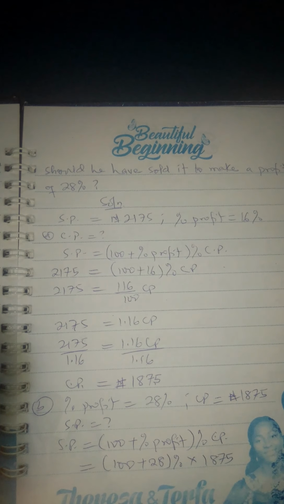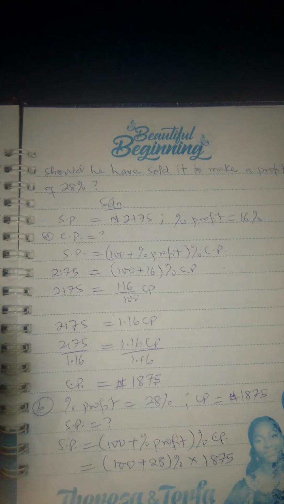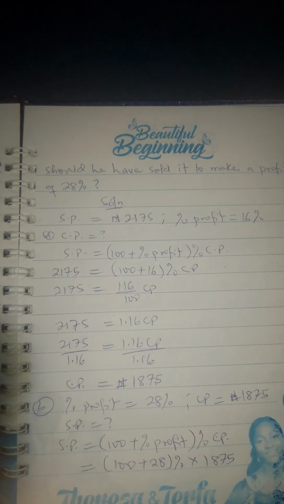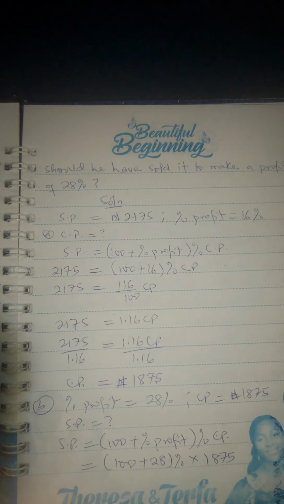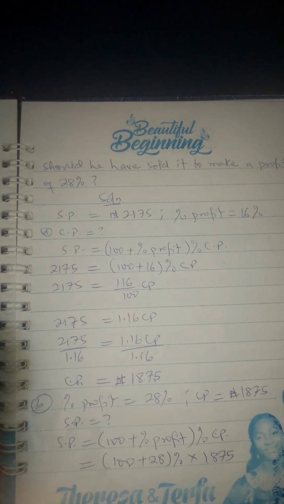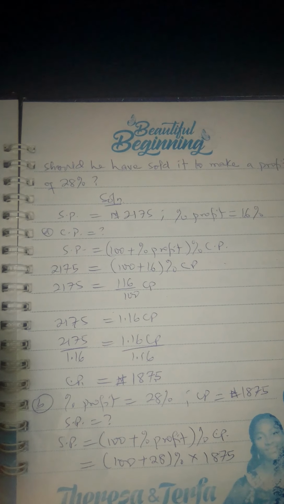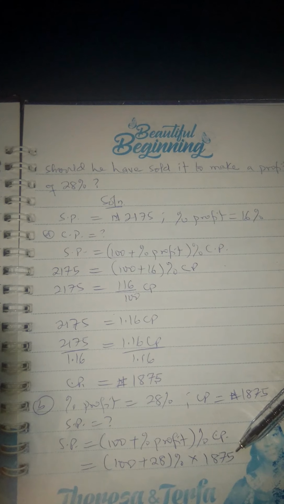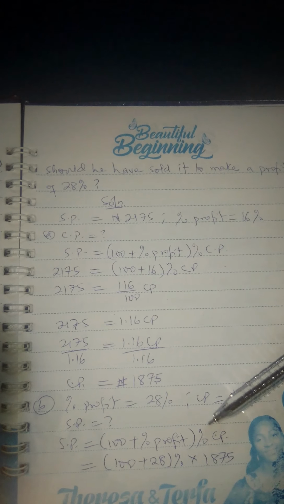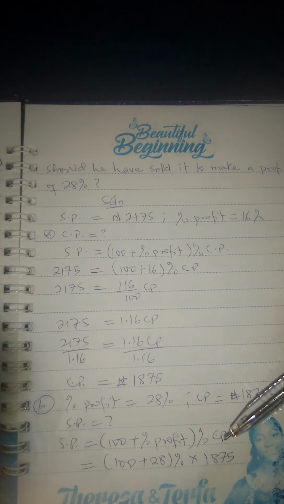You are still using the same formula. You want to get your new selling price, which using your formula you say (100 + percentage profit)% of cost price. You put the values in, replace your percentage profit with 28. Your cost price is 1,875. 100 plus 28 is 128 with the percent.